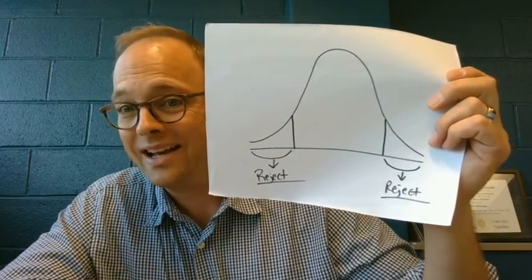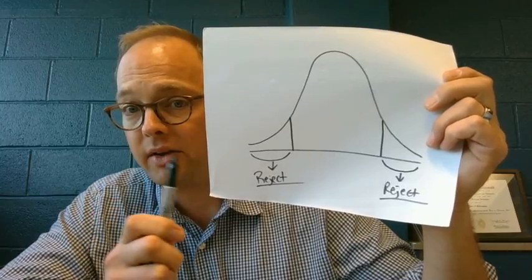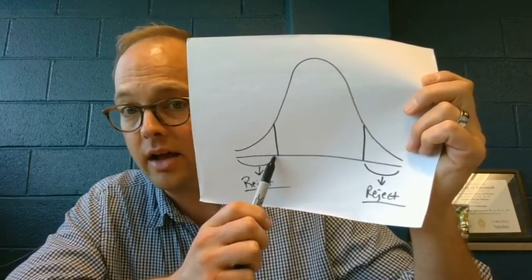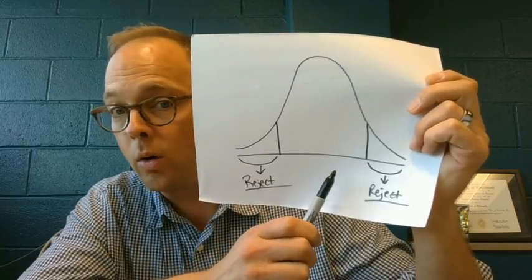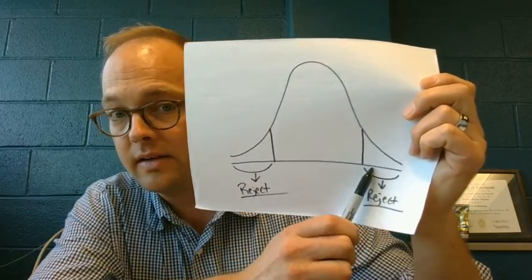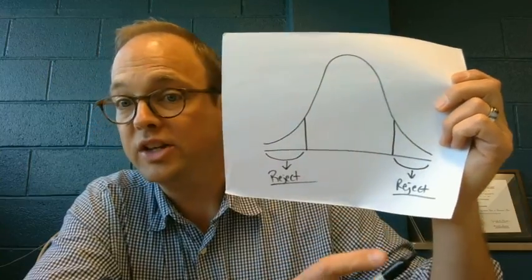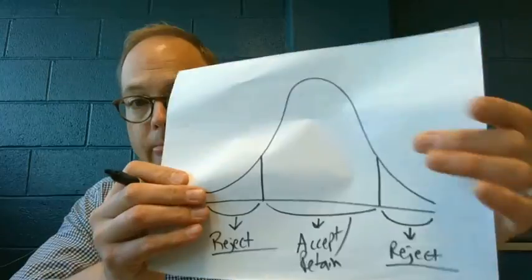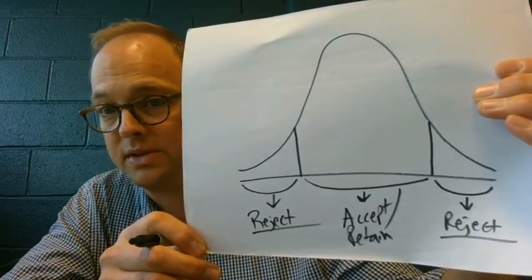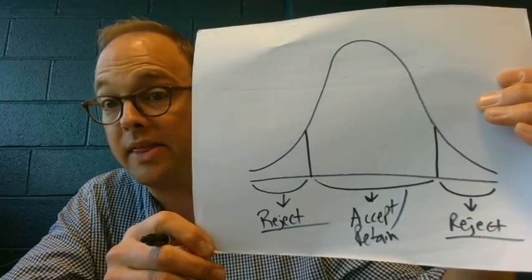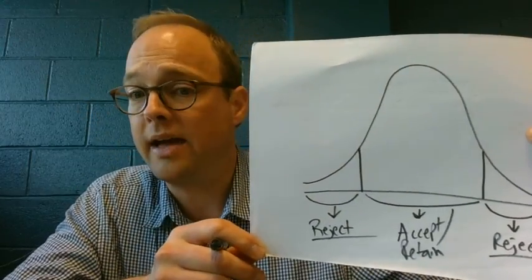When your data generated t-value falls in this part of the abscissa or this part of the abscissa, you would reject the null hypothesis. When your data generated t-value falls in this portion, you would accept or retain the null hypothesis. So it's really important for you to have a handle on what the null hypothesis is.